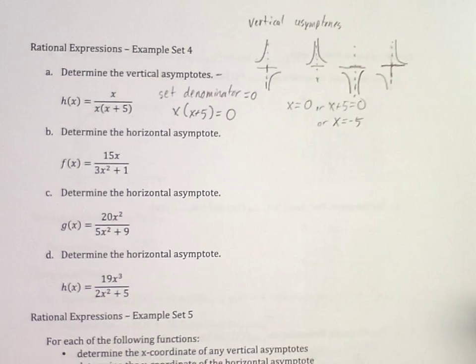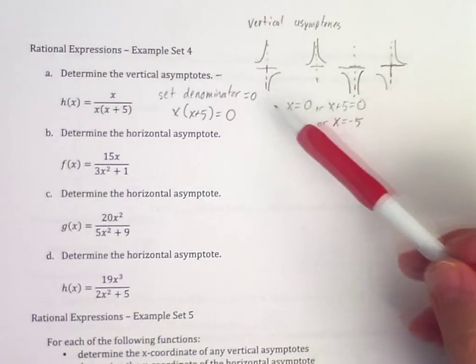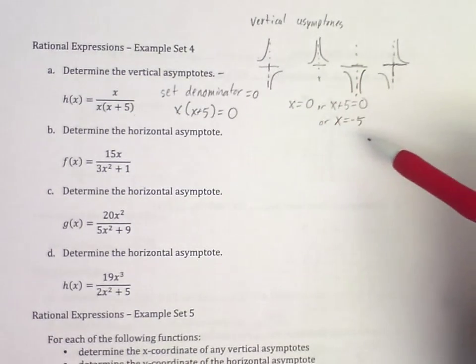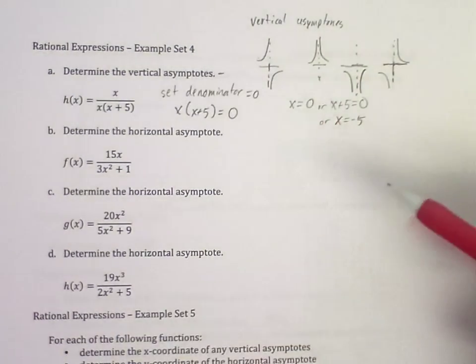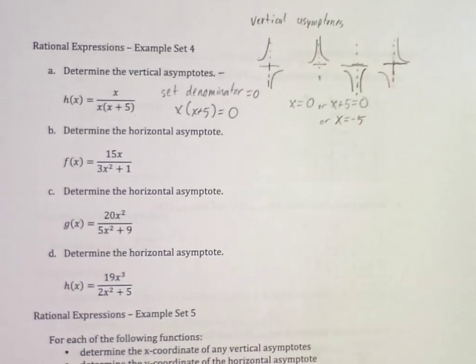And then really the best way is to kind of look at it. If we took out a graphing calculator and looked at it, or by plugging in points, we would see as we got to negative 5 some asymptotes, whereas when we got to 0, we would see something a little bit different.